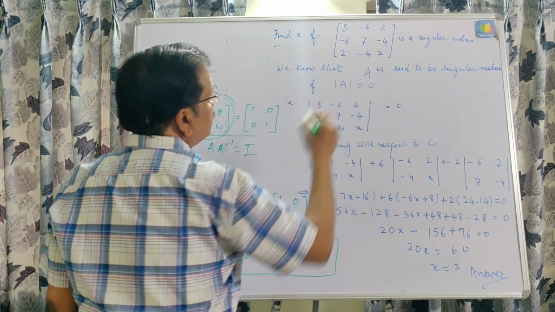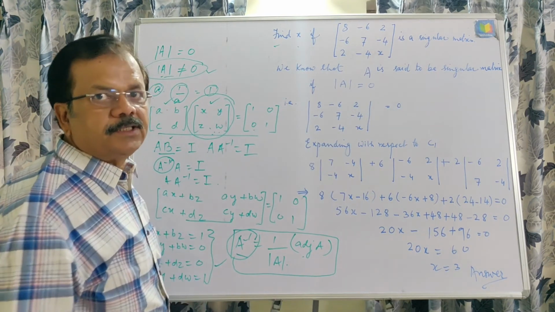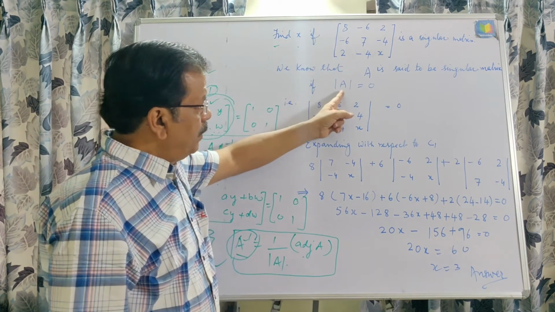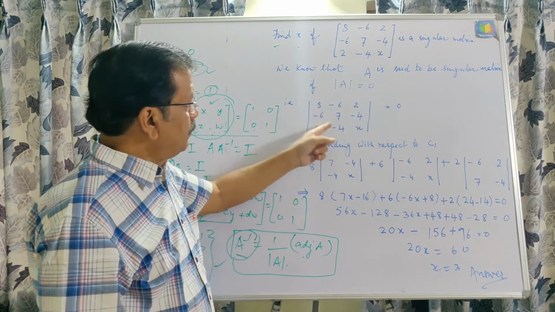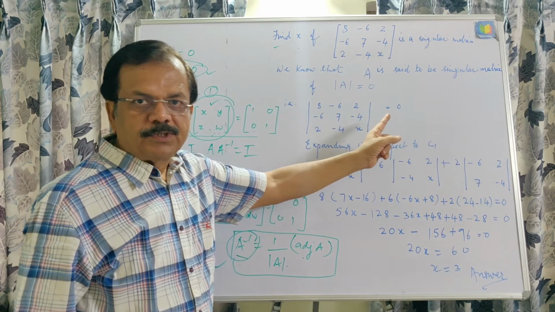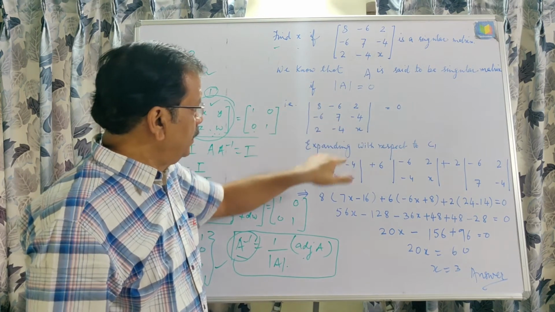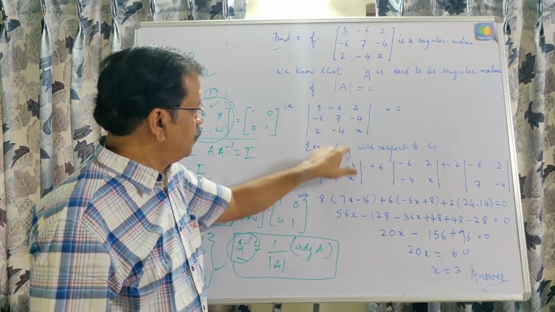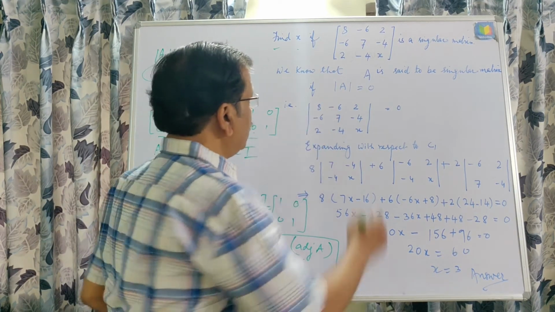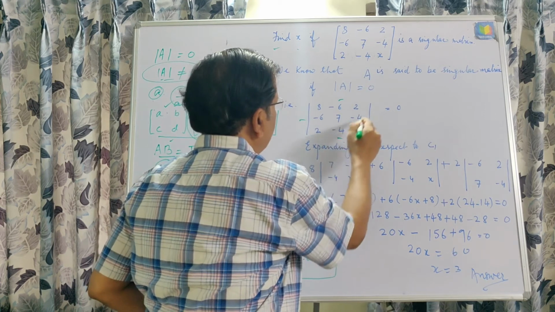Just try to understand this question. Find x if this is a singular matrix. What is the condition for being singular? The determinant of this will be 0, and so after writing in determinant form, expanding with respect to C1, this will be hidden, 8 into 7 minus 4, minus 4x. In the same way, minus minus, because here we are taking negative, negative, negative and negative.